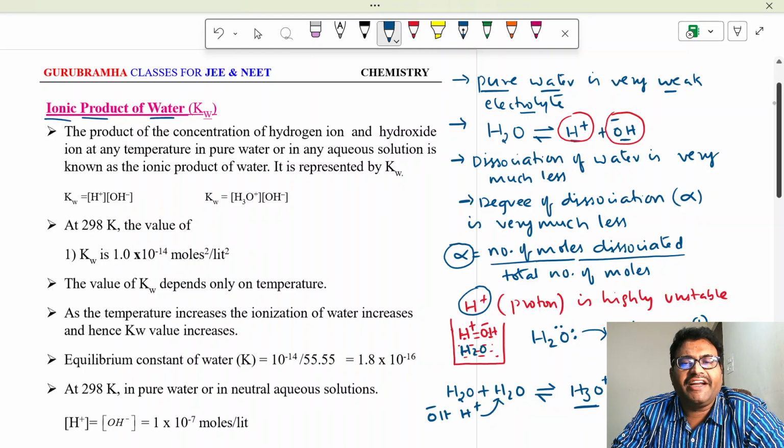Then why did we write the forward arrow and backward arrow?